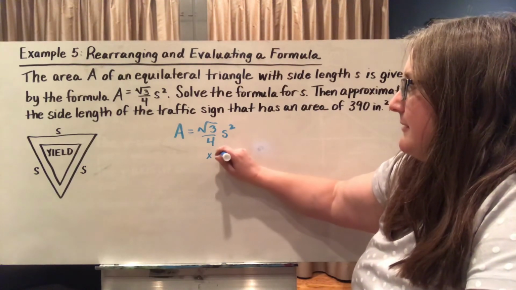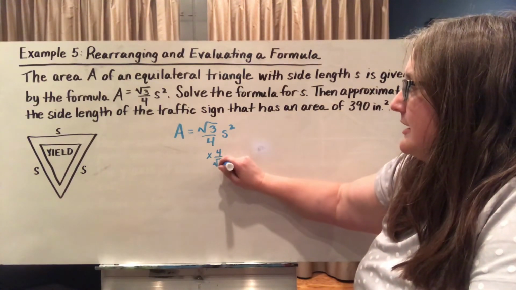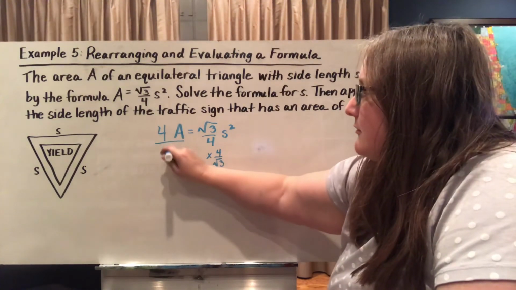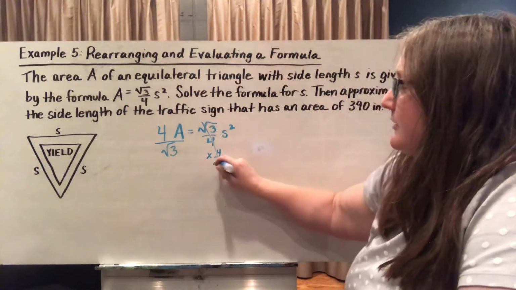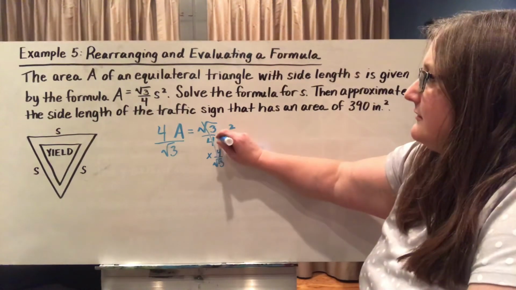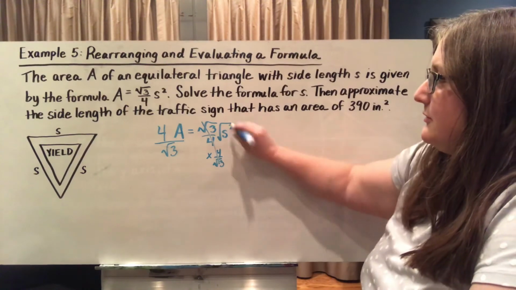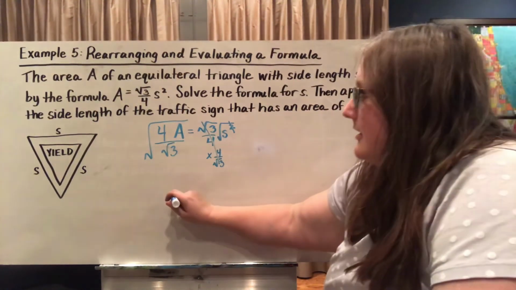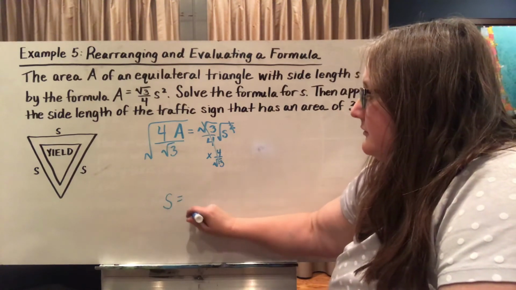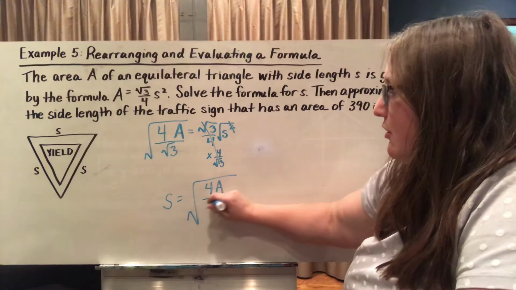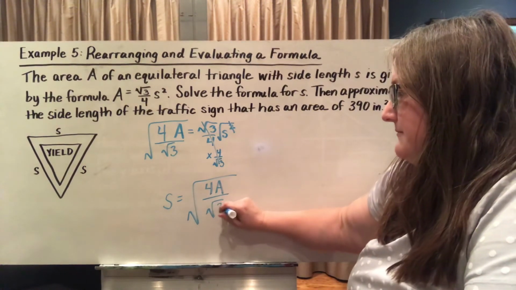So I'm going to multiply by 4 over square root 3. And this will cancel out. Now I need to do the square root of each side to cancel out the squared here with my side. So s equals the square root of 4 times A over the square root of 3.